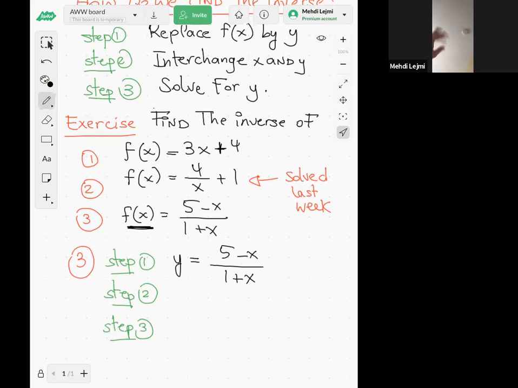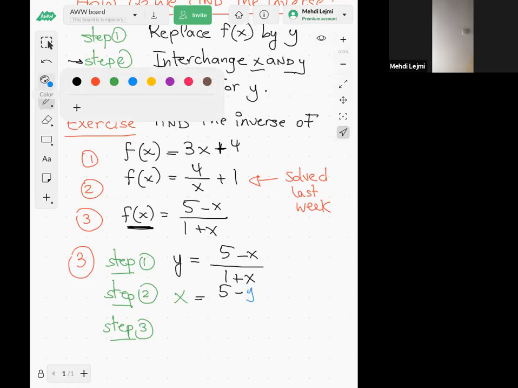Step 2, we have to interchange x and y. So y becomes x, and x becomes y. So x equals 5 minus y over 1 plus y.